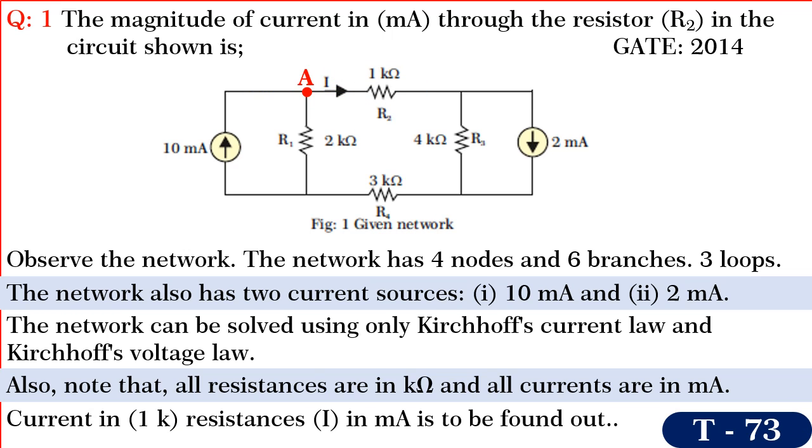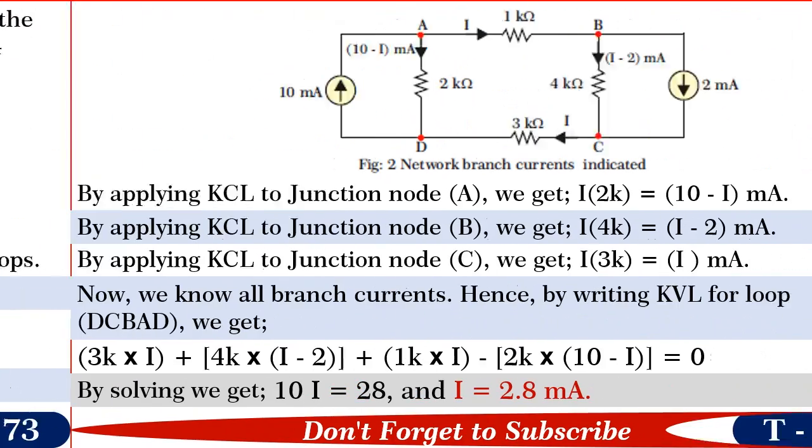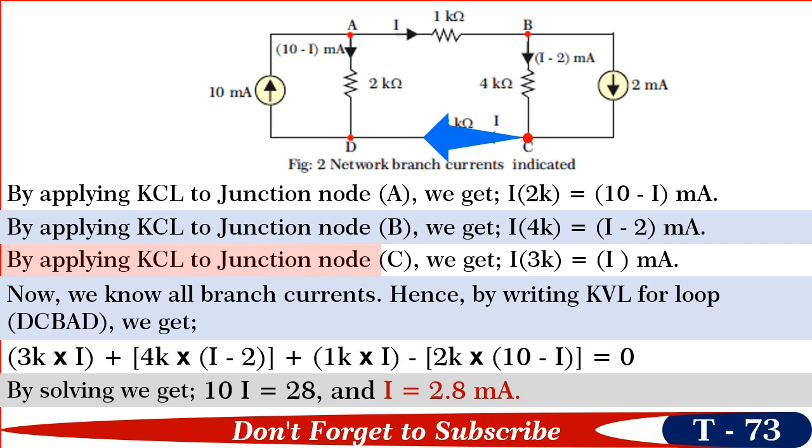By applying KCL to junction node A, we get I2K is 10 minus I milliamperes. By applying KCL to junction node B, we get I4K is equal to I minus 2 milliamperes. Similarly, by applying KCL to junction node C, we get I3K is equal to I milliamperes.